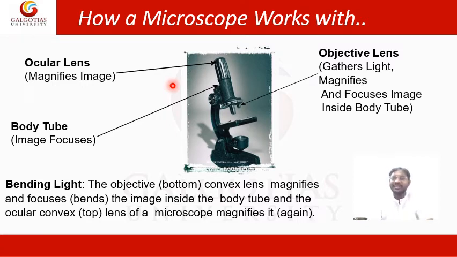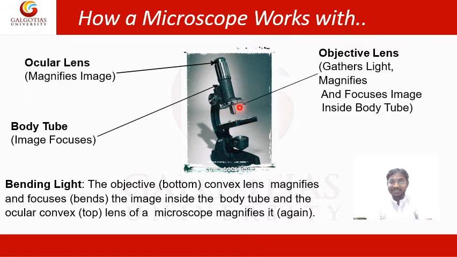Its use is magnifying the image. Nowadays the microscopes we use give thousands of times magnification, 3000, 4000, 5000 also. In those days, the microscope modified by Anton Leeuwenhoek was only around 200 to 300. You can see where it magnifies the image.